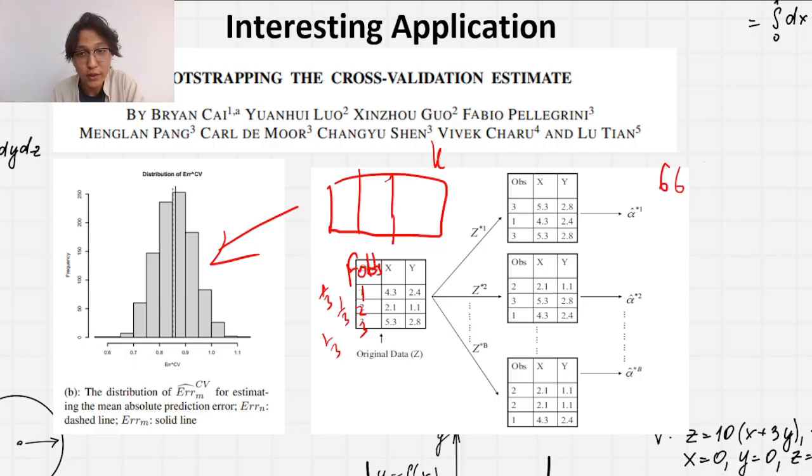And as we know, only 66% of the data is always included. So there will be some data that is repeated, as we see here, 3 and 3. And if we use these two as training set and then use this one as testing set, we see that we already used this data in the training set. So the estimate of our error will be very low. So we cannot use bootstrapping naively.